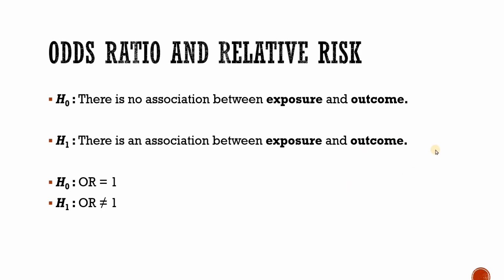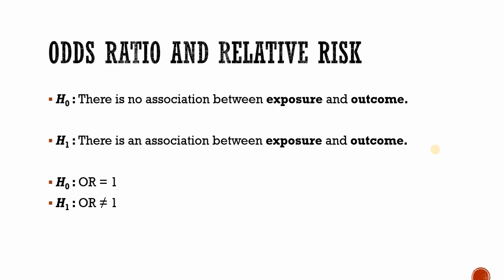When looking at odds ratio, the null hypothesis says that there is no association between the exposure and the outcome. And the alternate hypothesis says there is an association between the exposure and the outcome. Remember, we're using a sample to draw inference about a population.